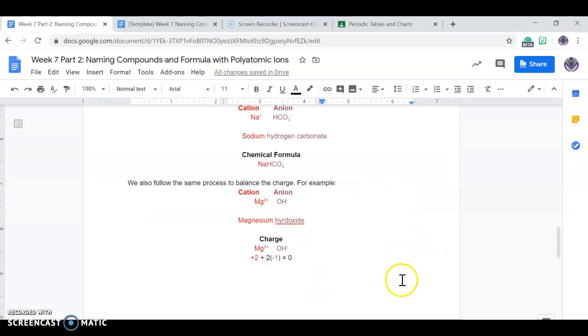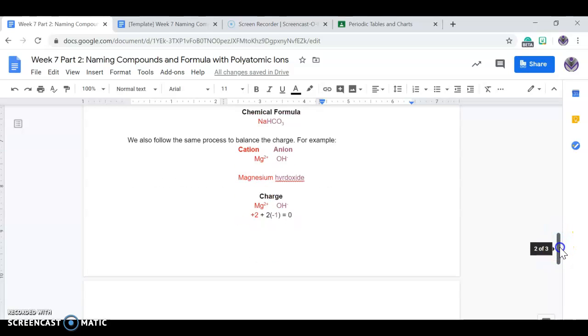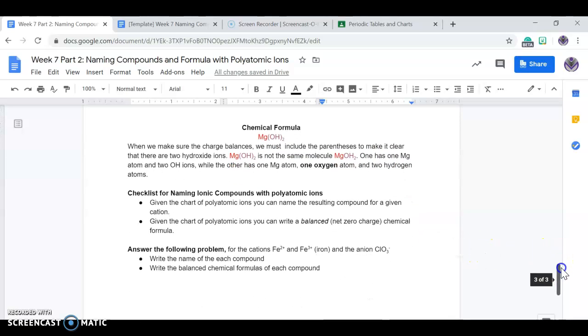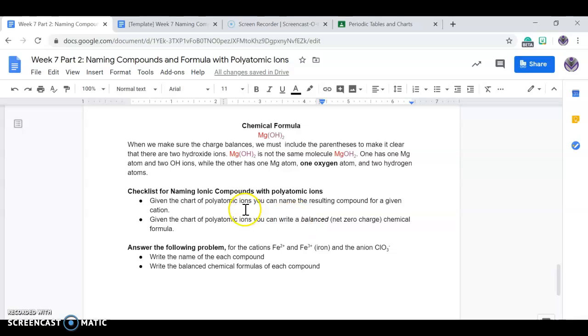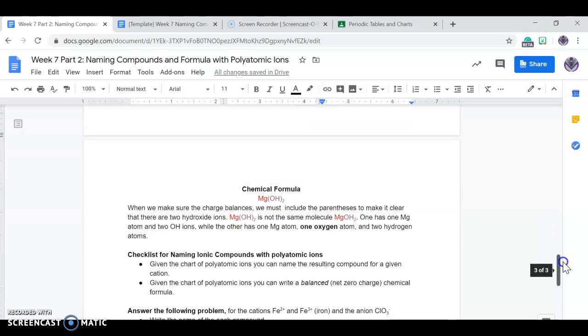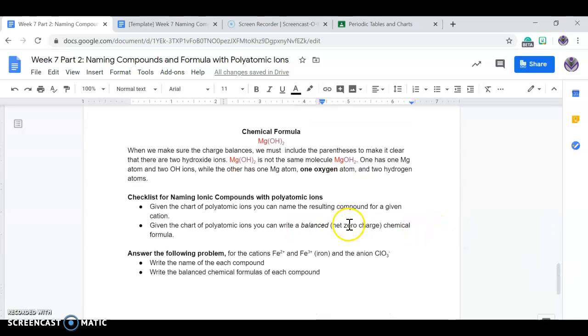So let's go back to the document. I've given you some examples to look at. I explained that this would not be the same molecule, right? This would actually not balance out. You wouldn't have a molecule like this. Okay, so if you hit the checklist, you understand that you can do the name. You're just taking the name of the cation and then adding the name of the polyatomic ion. You can write a balanced, net charge zero chemical formula.